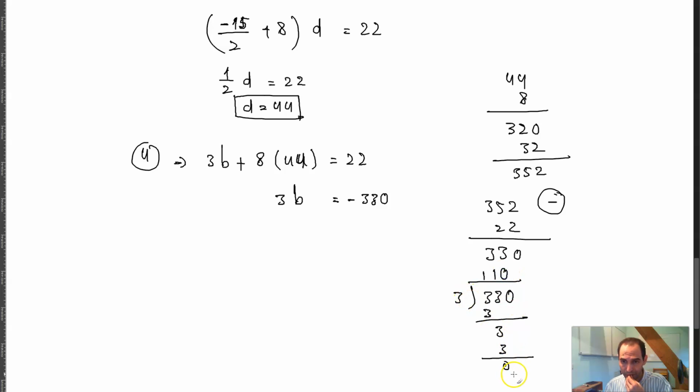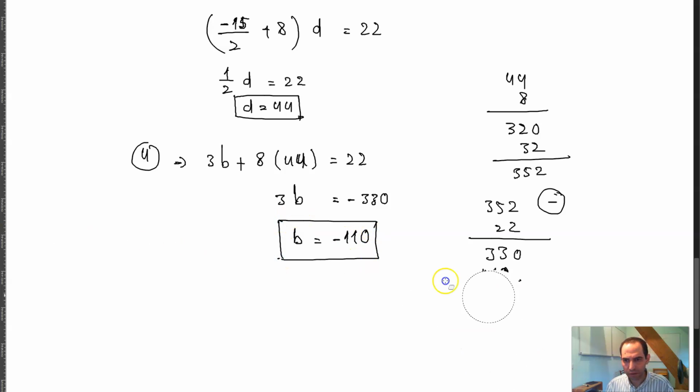The 0 just comes over here, I'm sorry. So it's 110. 3 times 110 is 330. So that means that b is equal to negative 110.